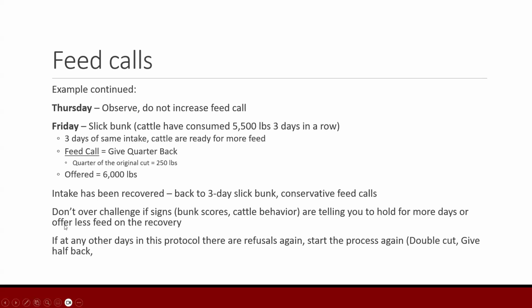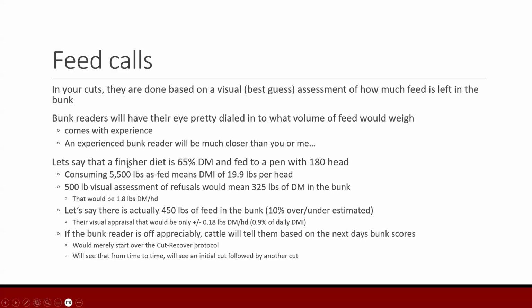So maybe we'll offer less feed on that recovery period. Maybe we change our expectations, and instead of trying to get them back to 6,000, maybe they need to be at 5,750 anyways. Okay. So if at any other day in this protocol there are refusals again, we need to start the process over. So double cut, give half back, give quarter back, etc. Okay.